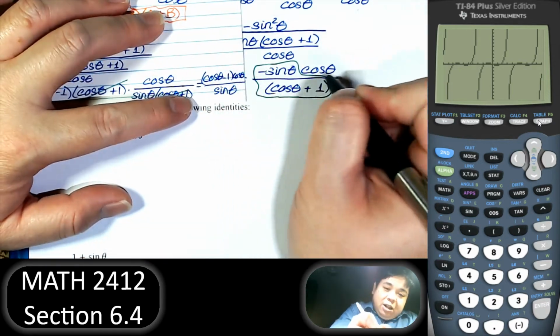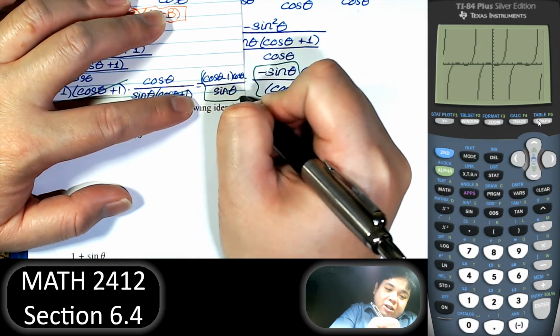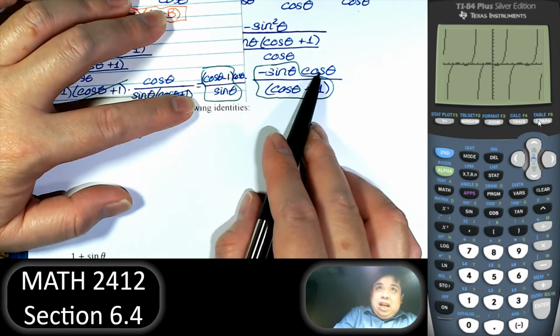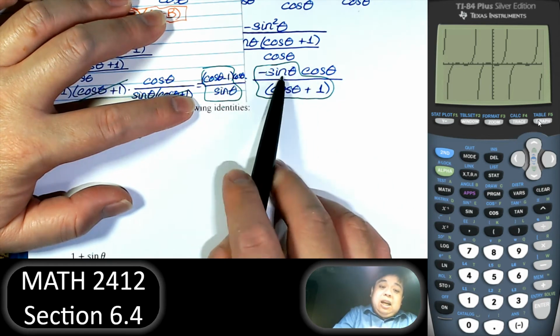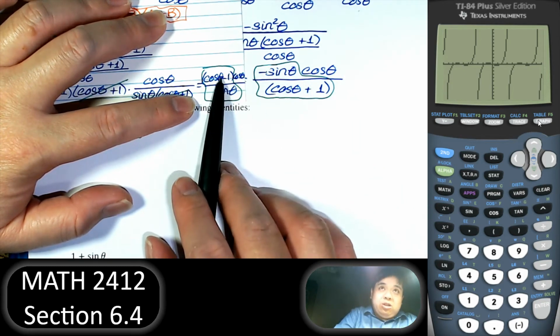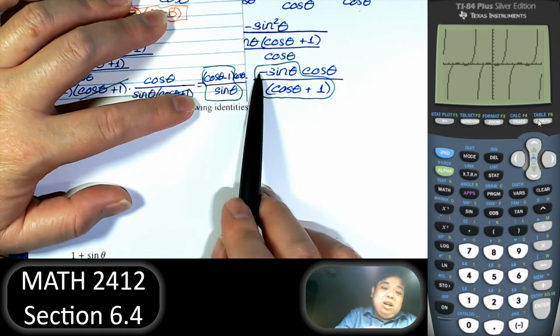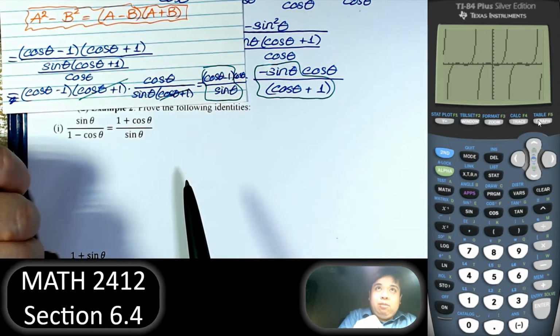Compare that with this. Both of them, if you cancel cosine on both sides, then you have cosine minus 1 over sine is equal to negative sine over cosine plus 1.